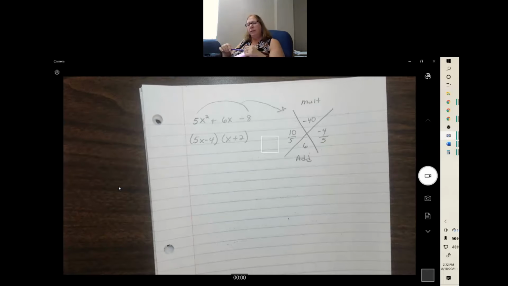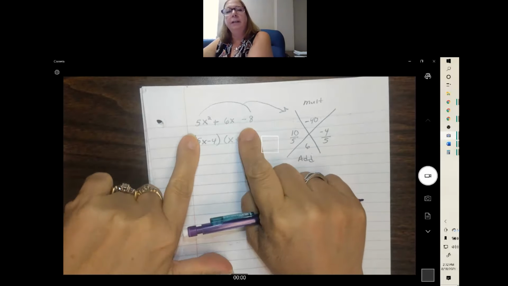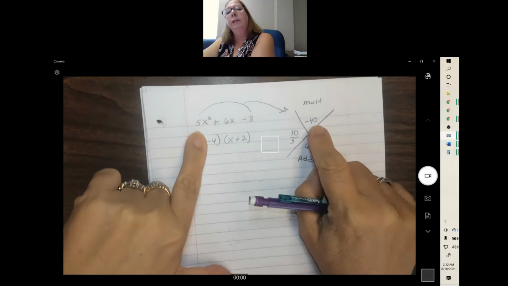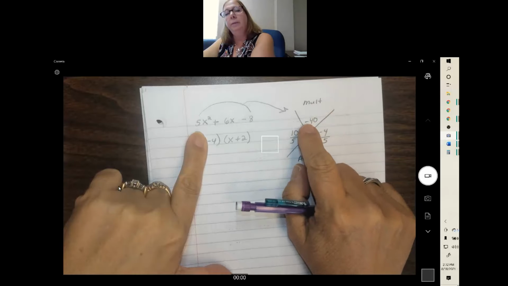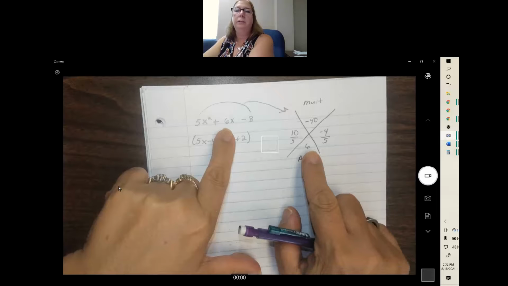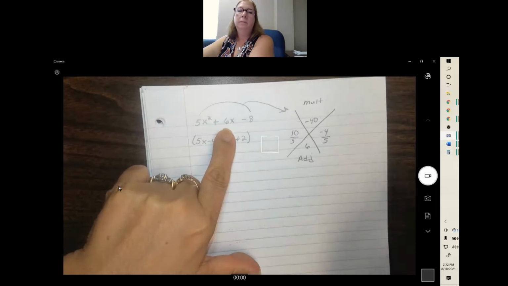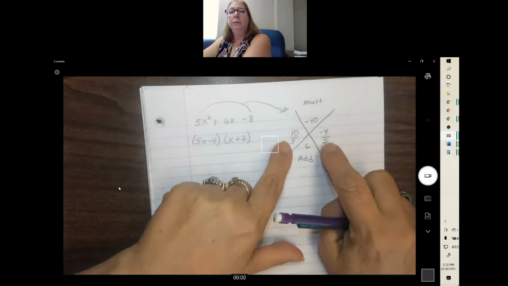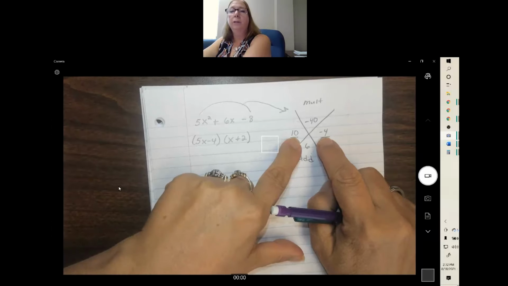You're getting 5x minus 4 and x plus 2. So we took the 5 times the negative 8 and got negative 40. We need to multiply to get negative 40, and we need to add to get the middle one, which is a 6. So I chose 10 and negative 4, because when I multiply, I get negative 40, and when I add, I get a positive 6.